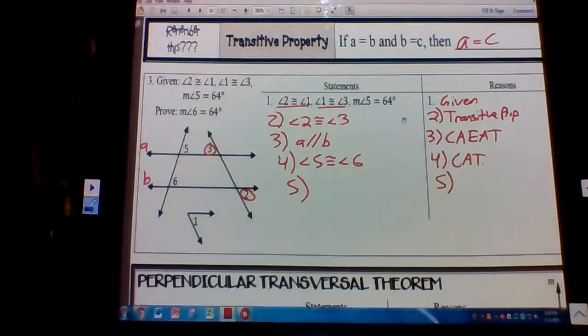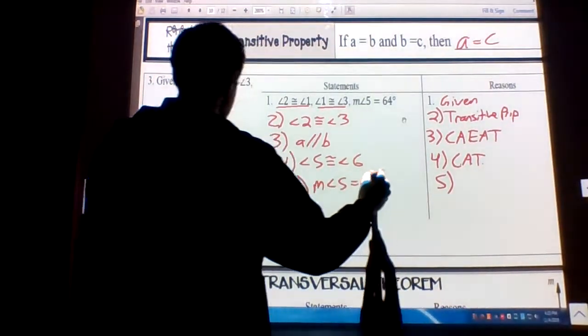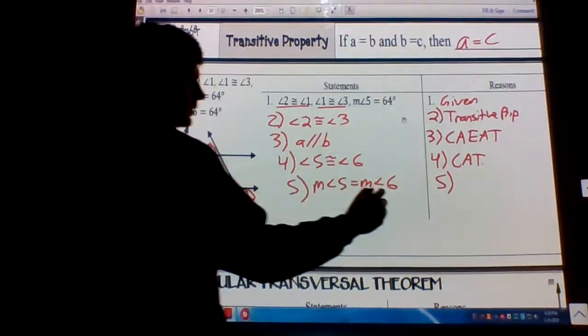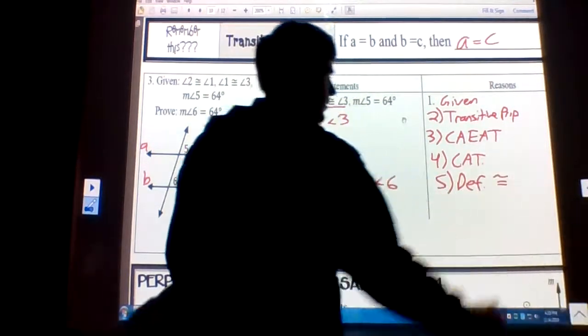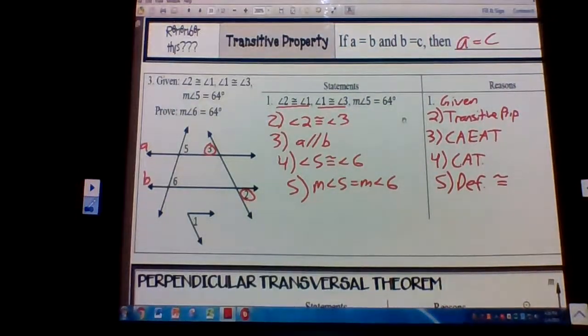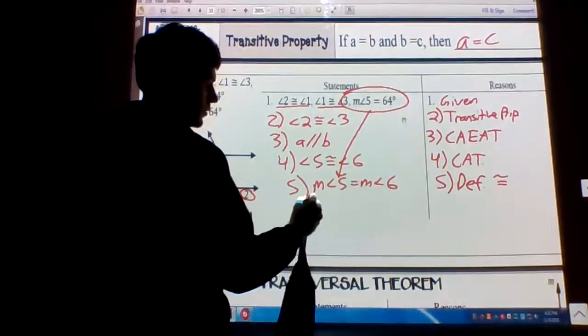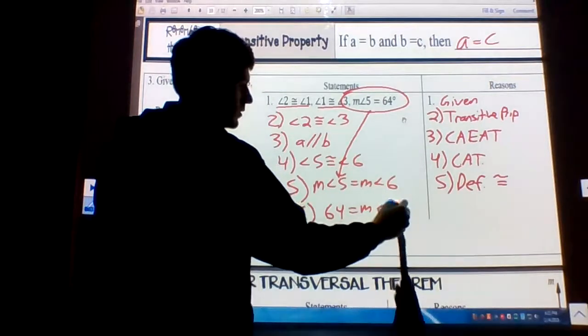If the angles are congruent, we know their measures are equal by the definition of, I'm sorry, it's 5, yeah, it is 5 and 6. The definition of congruent. And then we can substitute in what we know. So we have the measure of angle 5 equals 64. So we can say 64 equals the measure of angle 6.